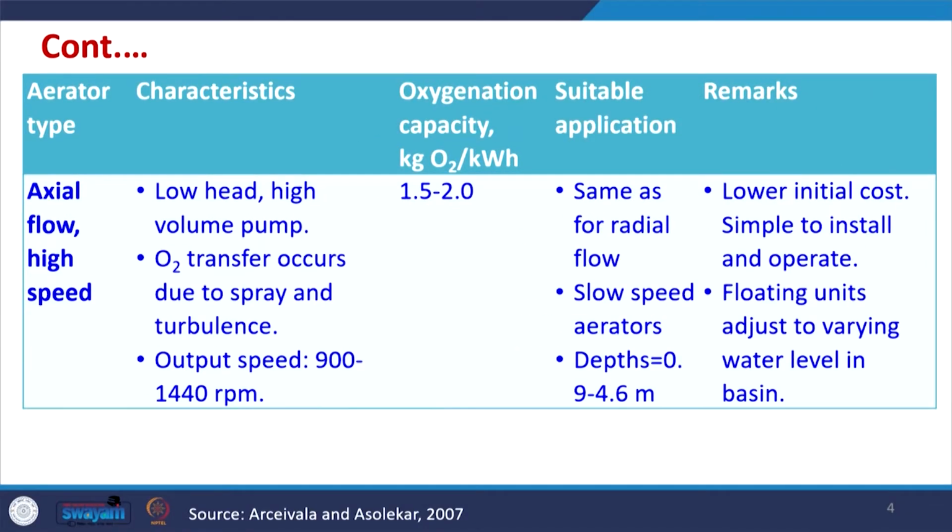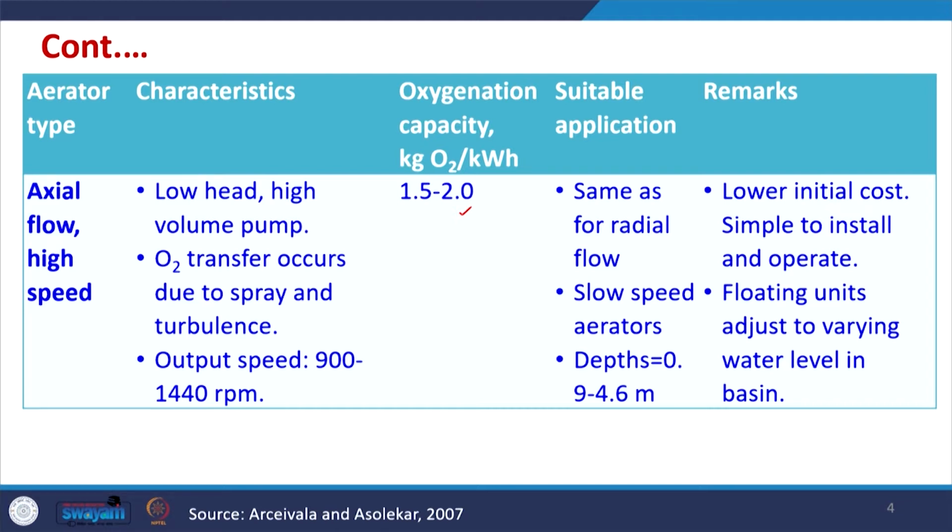Then the axial flow high speed aerator. Again they have low head and a high volume pump. Oxygen transfer occurs due to spray and turbulence action, and the speed is much higher, around 900 to 1440 rpm. The oxygenation capacity is lower as compared to the low speed type, but they have suitable applications depending upon the requirement, similar to the activated sludge process.